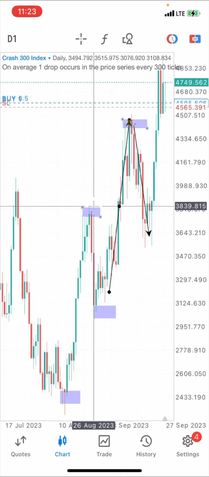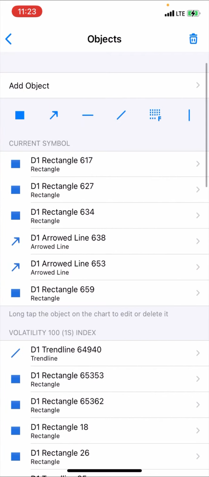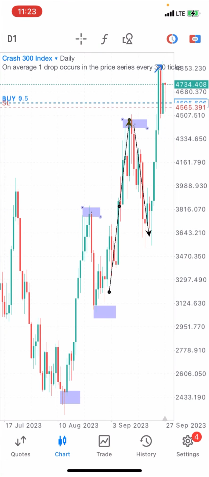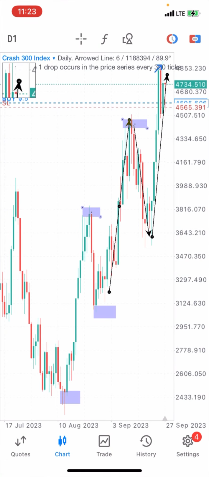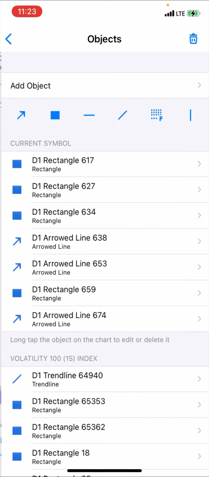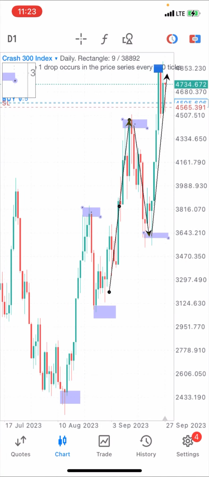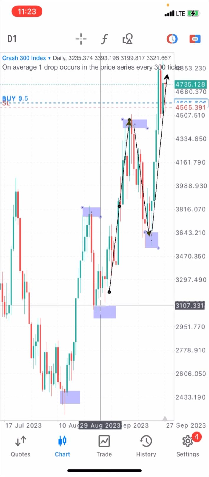Now what happened after it dropped from that second structure? It came all the way down and formed another structure below. Also notice that this structure formed here did not even get close to the first one here.